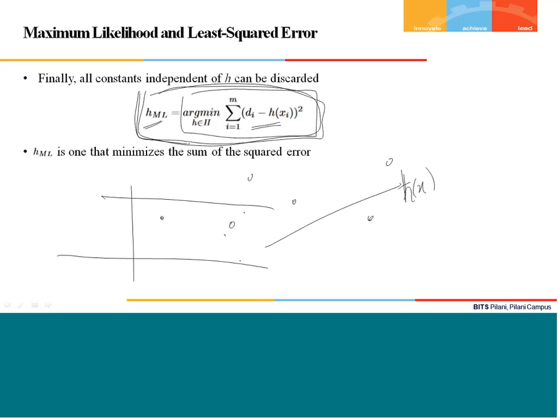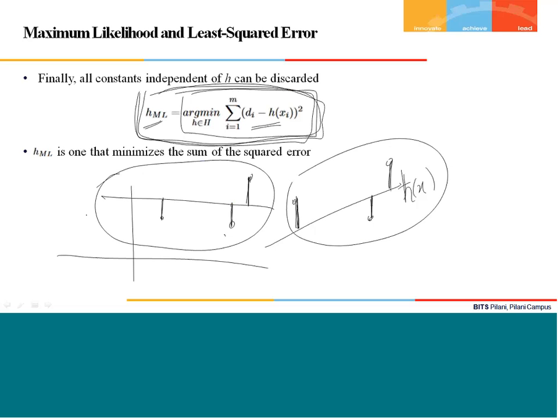The hypothesis that is reducing the sum of these errors is my probable hypothesis, because the sum of these differences is more for this hypothesis, and here the sum is less. So the hypothesis that is minimizing this expression is my maximum likelihood hypothesis.